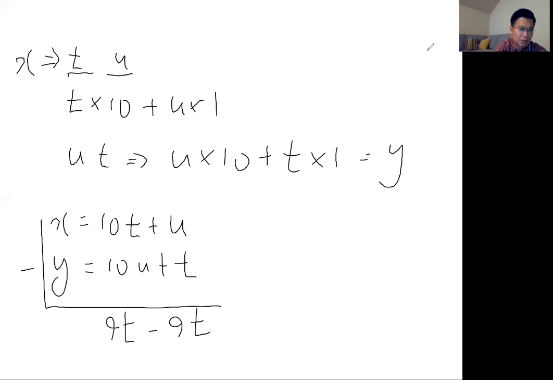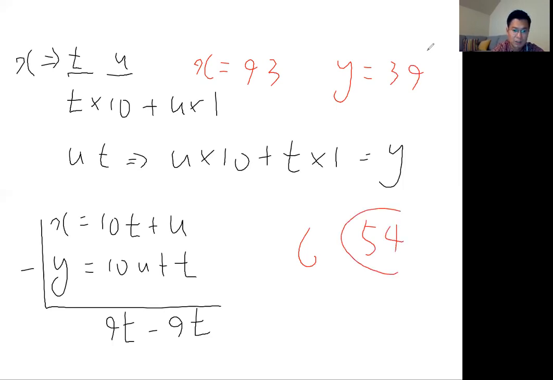Instead of putting tu, think of x as 93, let's say. Then y equals 39. If you subtract those two, it becomes 54. And you can check by plugging in t and u, and then double check how it works.